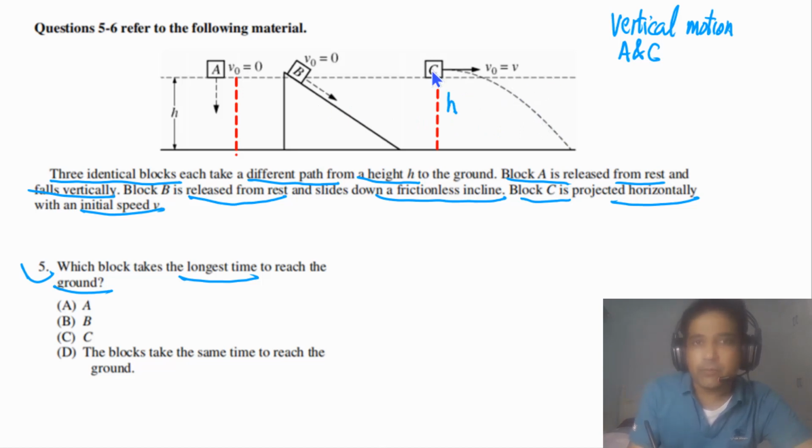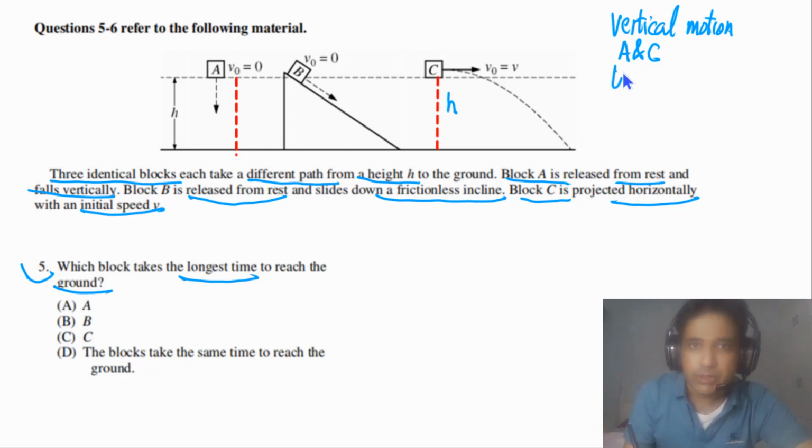If you look at the initial vertical velocity of block C, it is 0 because it is projected horizontally. Initially it has no speed along the vertical direction.